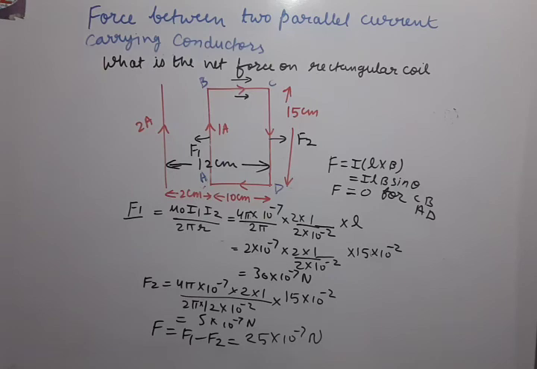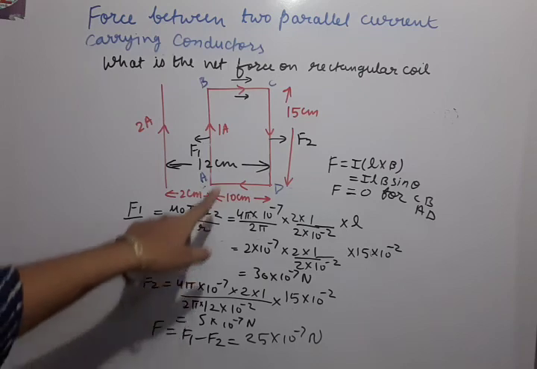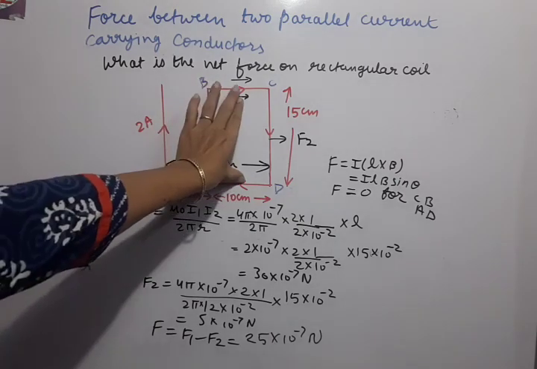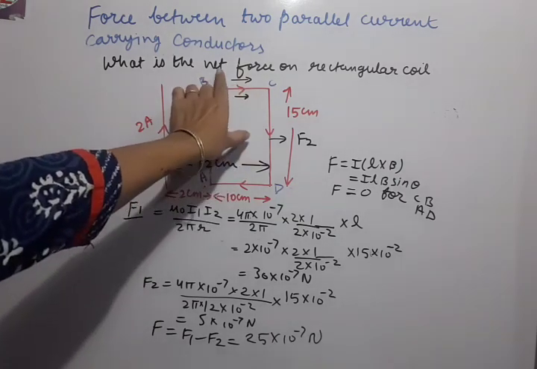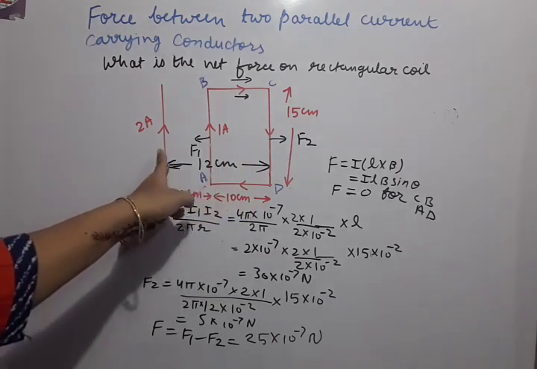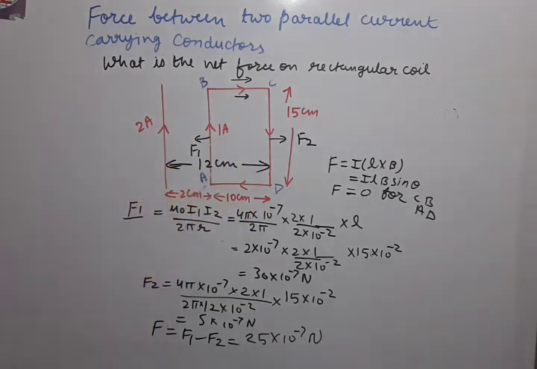Okay, 25 into 10 raised to power minus 7 Newton. What will be the direction of the net force? According to the bigger force, the bigger force is F1. So this coil will experience a net force towards the wire, not away from the wire. Okay, so this is the answer.